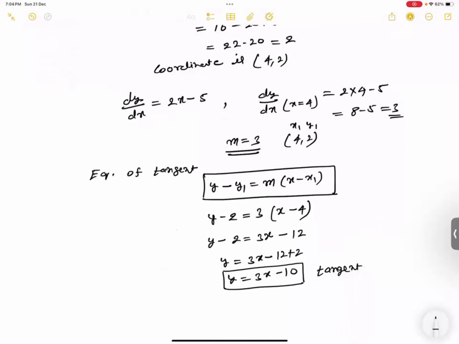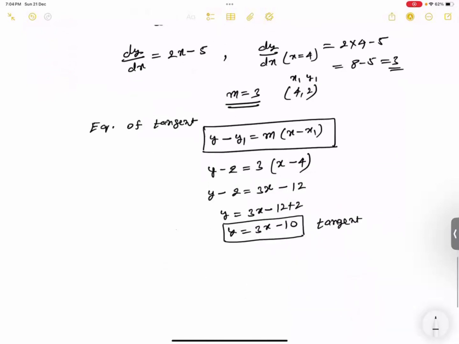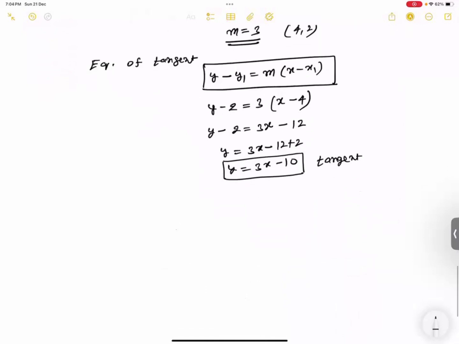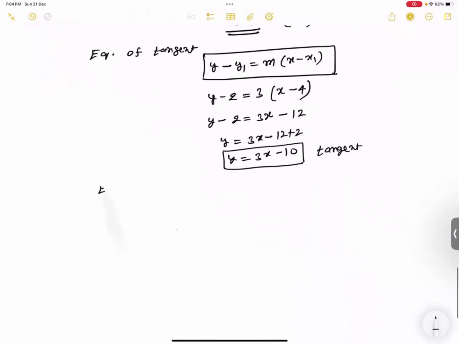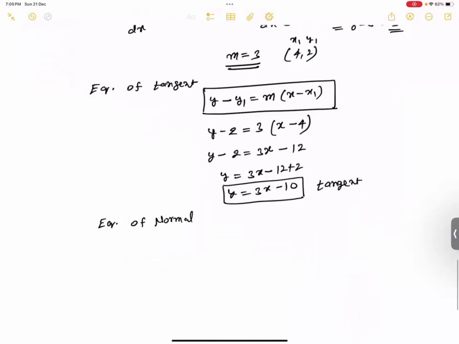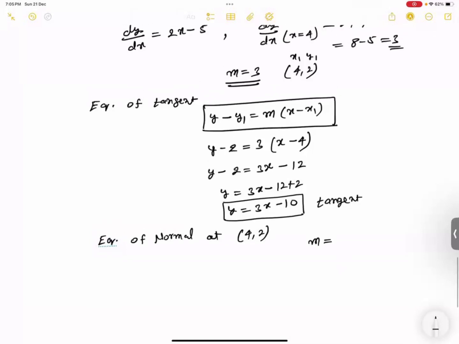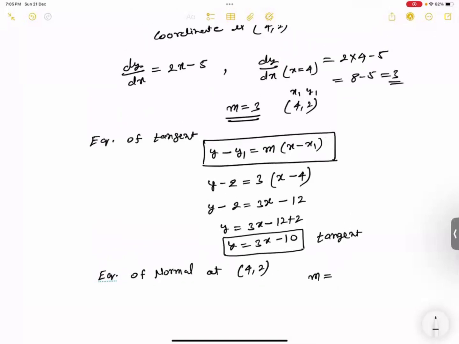Clear this? Yeah. Okay, cool. Now we are finding the equation of normal. To find the equation of normal, we have the same point, 4 comma 2. But the gradient will be different. So what is the gradient now? Earlier we had 3.